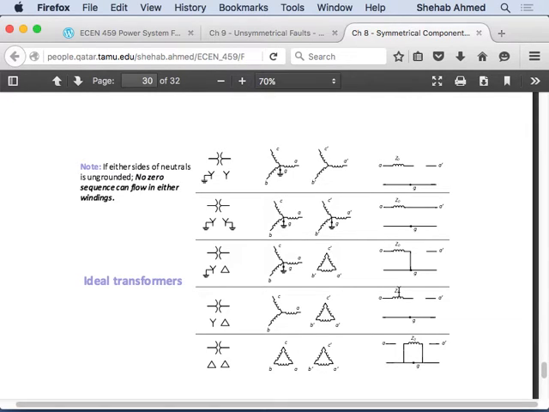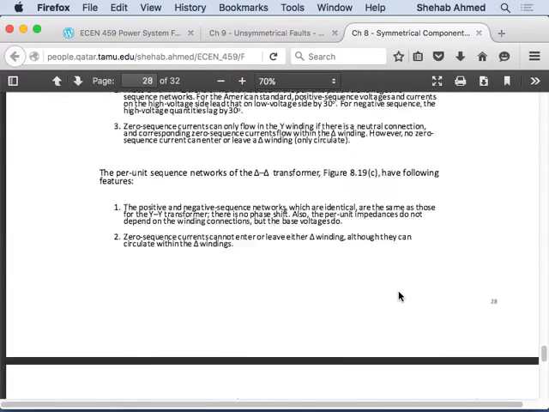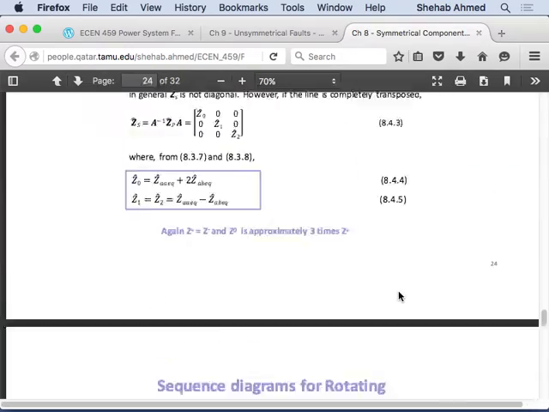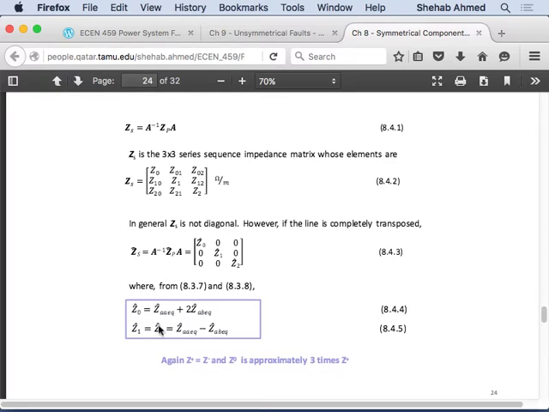It's not like the transmission line where we calculated it. For the transmission line, Z0 was ZAA plus 2ZAB, and Z1 and Z2 were equal, ZAA minus ZAB, right? This was different.